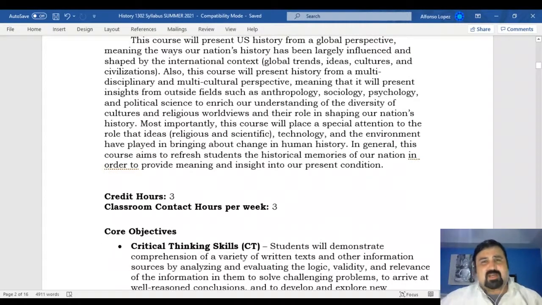And of course, psychology is also very useful. Psychology, the field of psychology, studies the human mind, human behavior. So we also incorporate psychological theories to understand people in the past. It's important to psychoanalyze individuals, particularly leaders, for example, what people were thinking, why they acted the way they did.